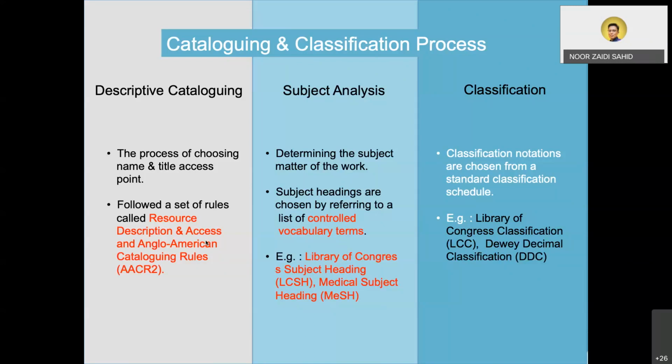Example, Library of Congress subject heading and medical subject heading. But the most widely or internationally used is LCSH. For MESH, specifically being used in medical library or medical collections.